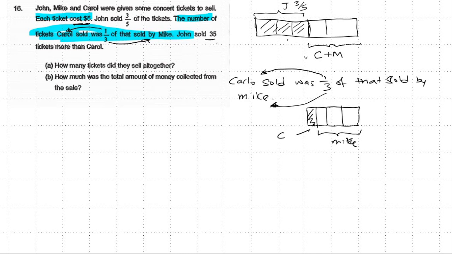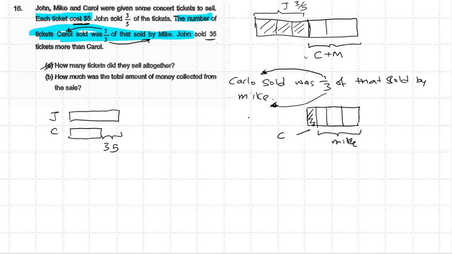Now I know that when I'm comparing John and Carol, John sold 35 tickets more than Carol. This information, I got it. How many tickets did they sell altogether? Very easy, right?